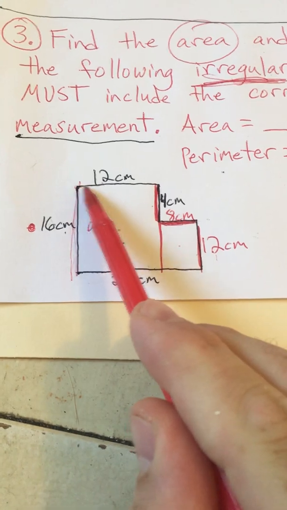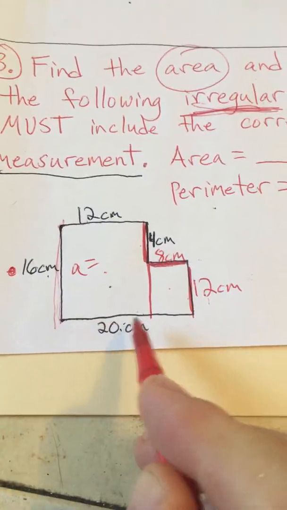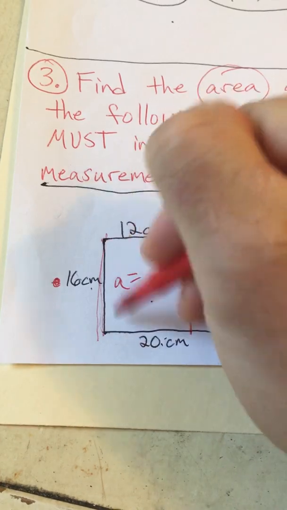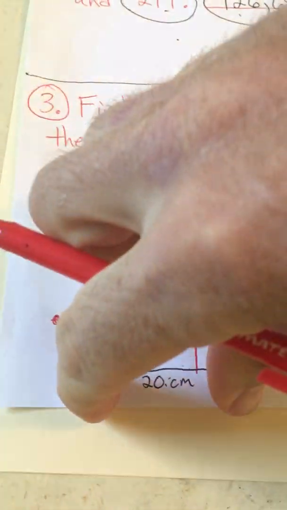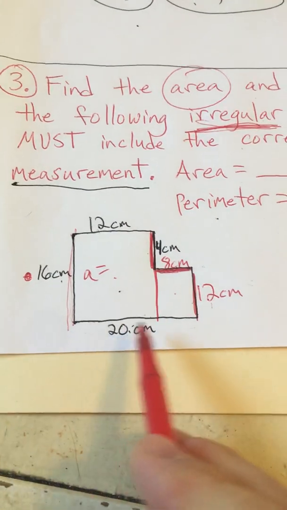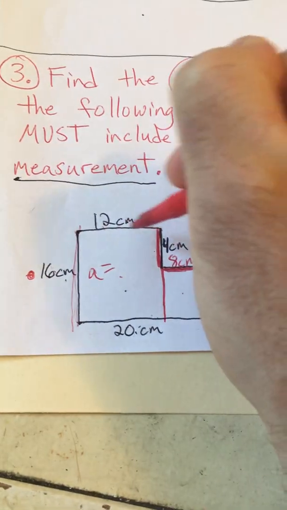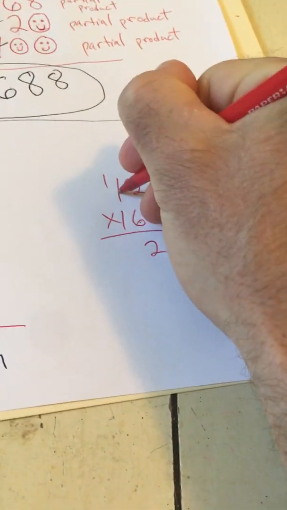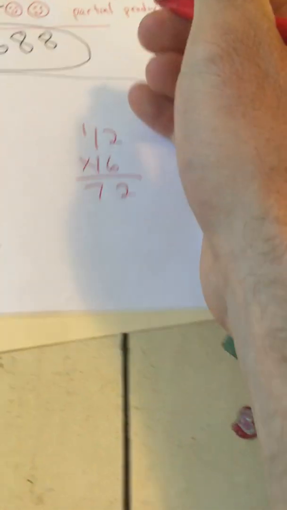So the area is length times height. So this is 12. So we're going to do 12 times 16. You just got to be careful that you're not using 20 times 16 because we're not using this whole thing anymore. We're just using this part of it. 12 times 16. 6 times 2 is 12. 6 times 1 is 6, plus 1 is 7.